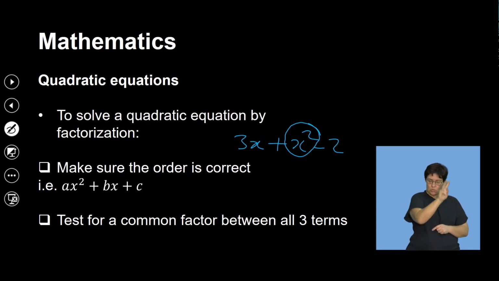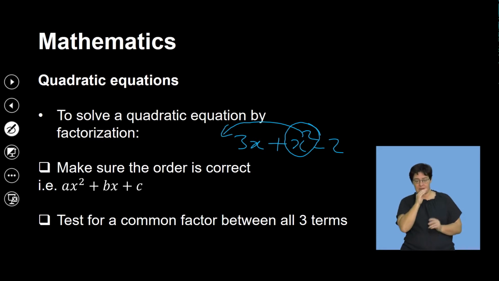I mean that it must be the very first term, and then the rest of the terms continue. The correct order says that the exponents need to be in descending order from the first one up until the last one.